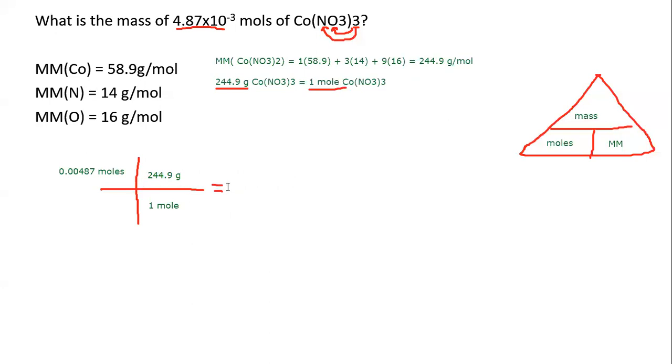So what's on top, we multiply. And we get 1.19 grams. And so this is the mass of cobalt 3 nitrate in 4.87 times 10 to the negative 3 moles.